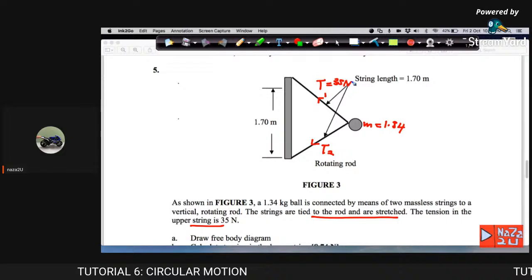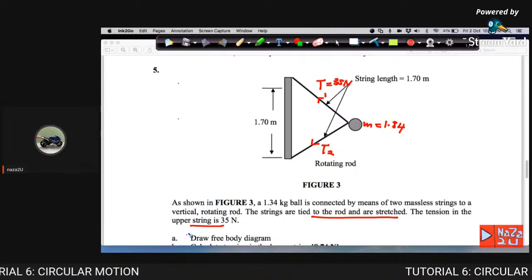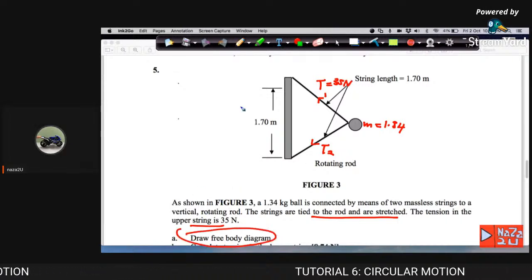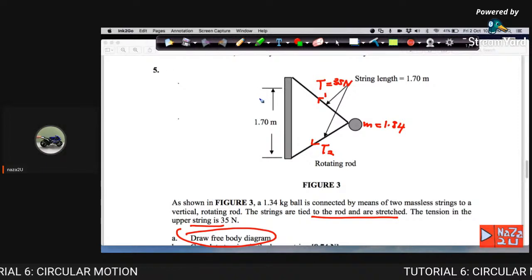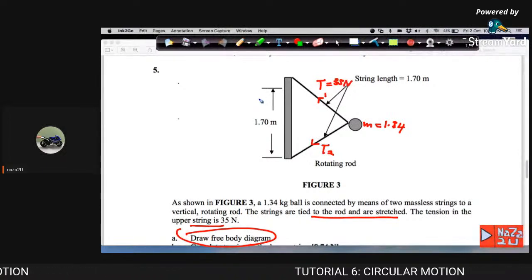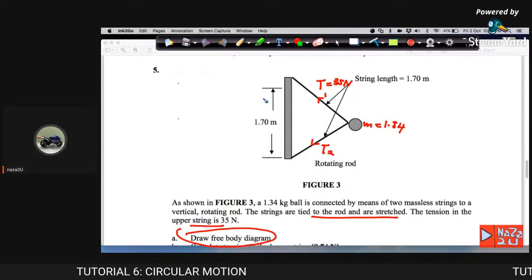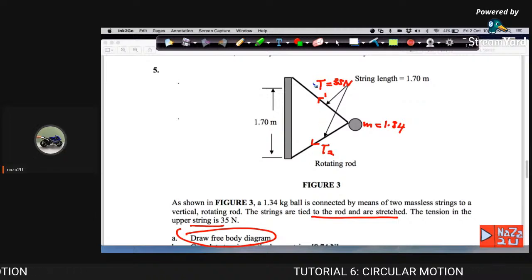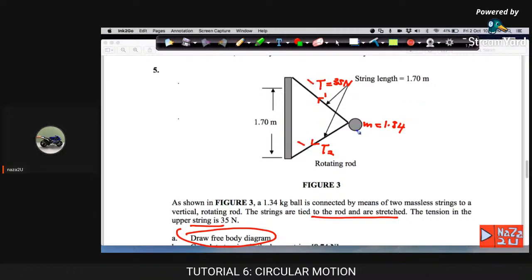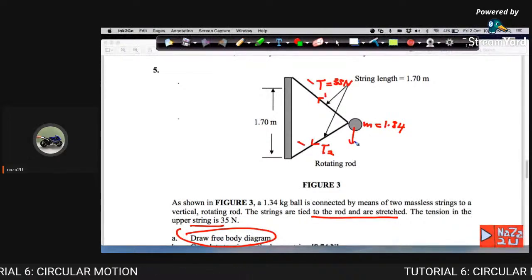Number 1, draw the free body diagram. So how can you draw the free body diagram? How many forces act on the system? We have the two strings, so we have force 1, force 2, and also a weight force because we have the mass.